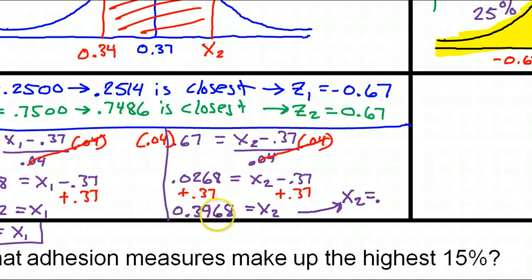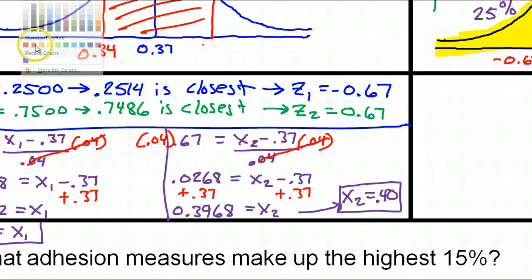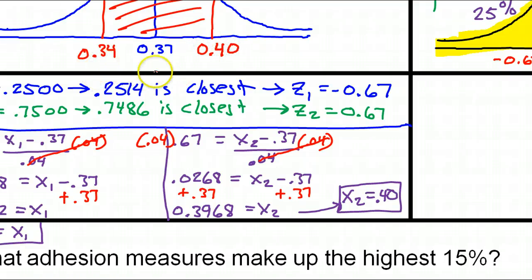I'm going to round this up because of the 6, so this rounds up from 39 to 40. So that's another key value. x2 turns out to be 0.40. Those are the values we were looking for, 0.34 and 0.40.